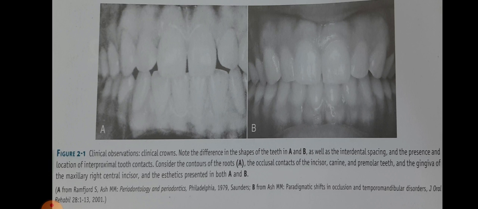Uncommon variations in the maxillary central incisors are shown in chapter 6. You can see in figure 6.2, the uncommon variations in the maxillary central incisors reflect samples drawn from a population made up largely of European American ancestry.